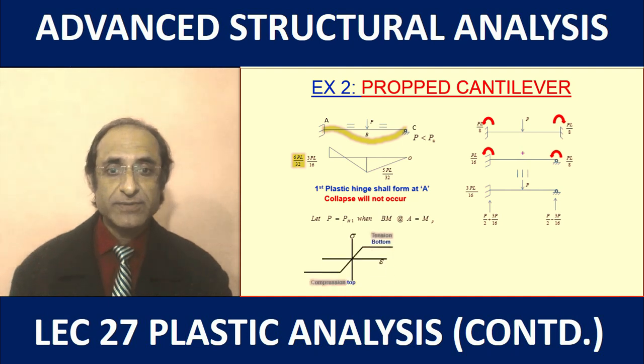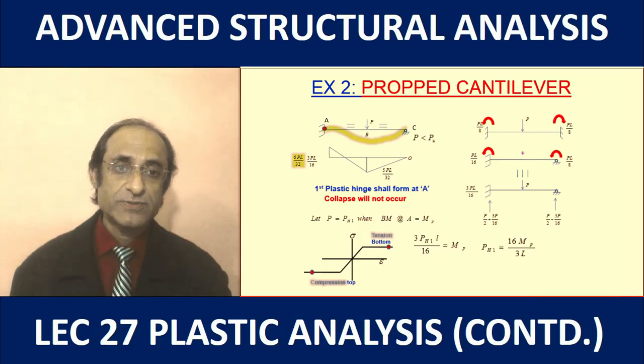That means we have the hinge occurring here, with the point reaching the full moment capacity equal to the plastic moment capacity. All we have to do is equate 3 PL by 16 equal to MP, and by solving this we get the load which causes the first hinge to occur.